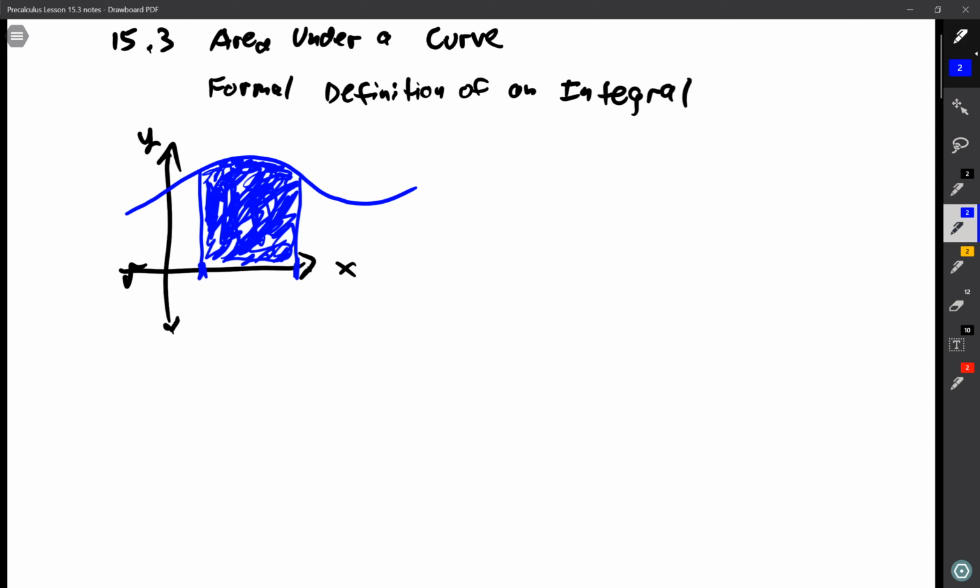And we'll define the area, the integral, as being dx, meaning a delta x, meaning we're going from some x value to some other x value.